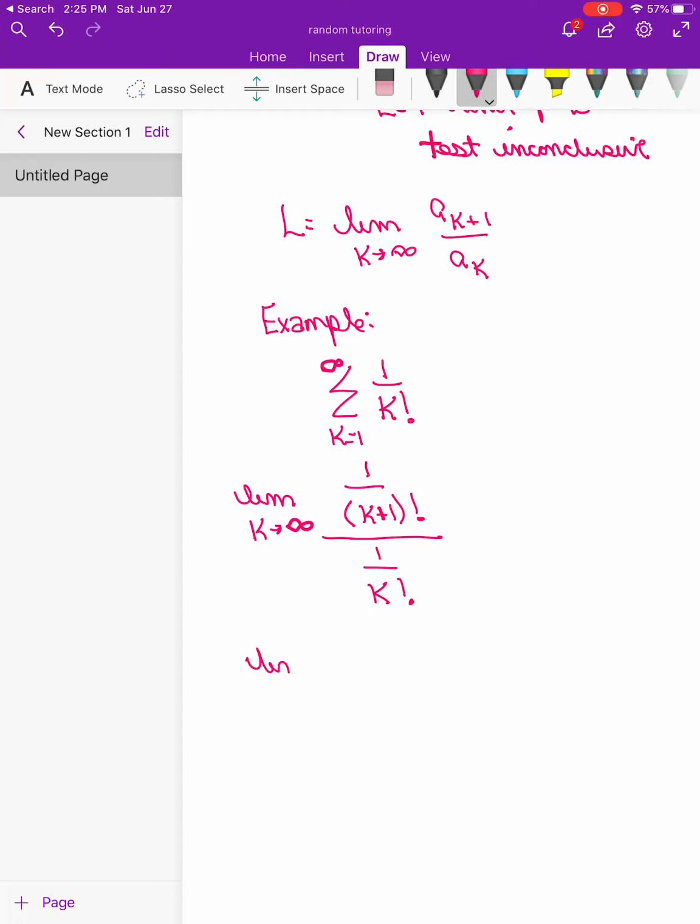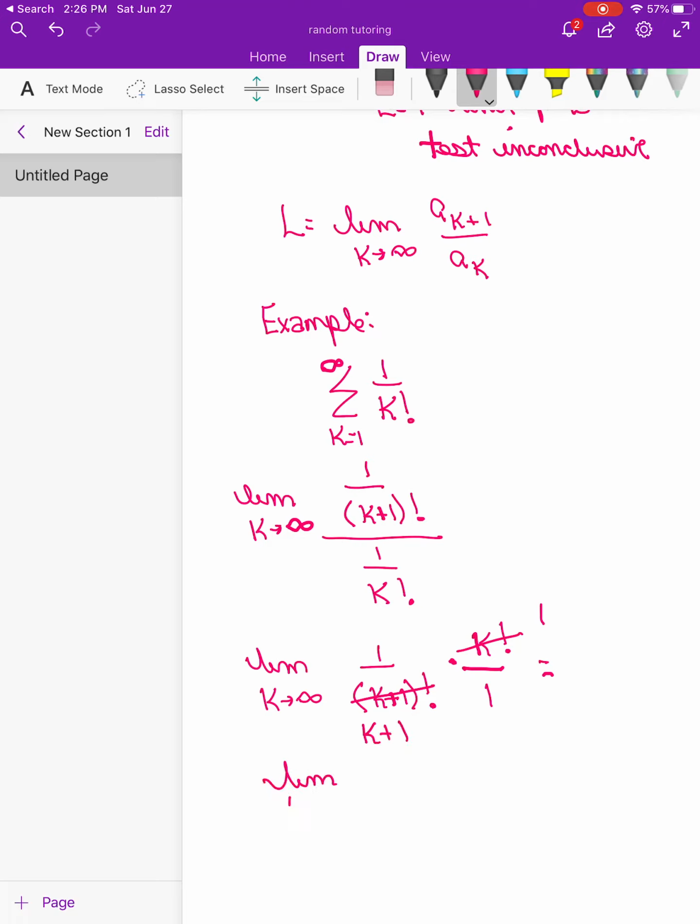So multiply by the reciprocal: 1 over k plus 1 factorial times k factorial over 1. And hopefully you know that this reduces to 1 over k plus 1.